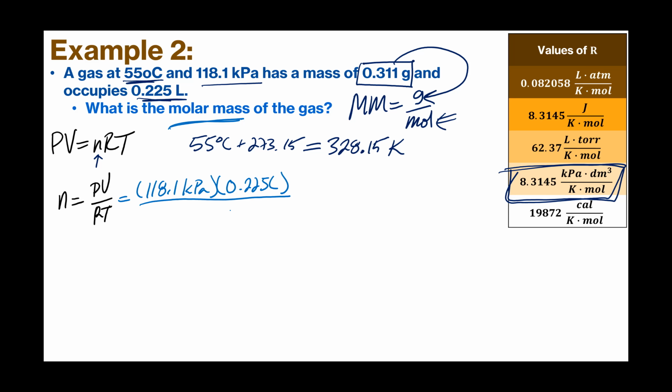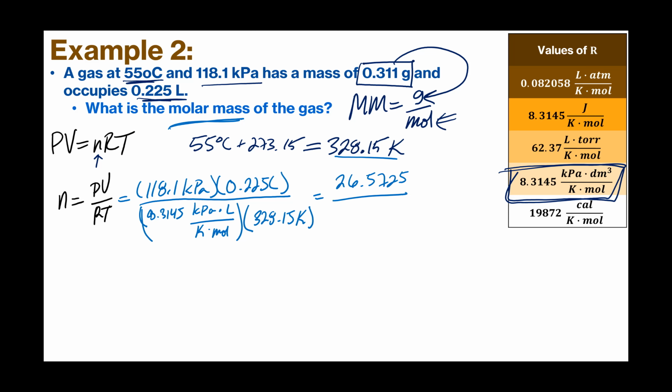The R value we want is 8.3145 kilopascals times liters divided by kelvins and moles. Remember, decimeters cubed is a liter. And we're going to multiply this by the temperature, 328.15 Kelvin.